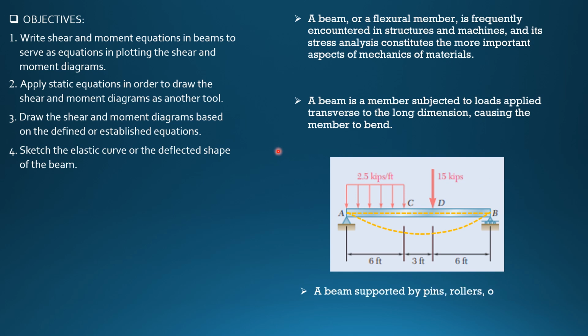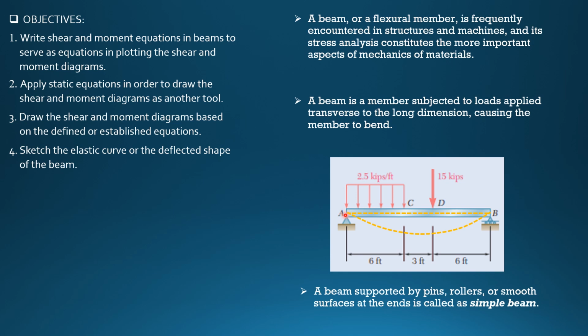So a beam supported by pins, rollers, or smooth surfaces at the ends is called a simple beam. This is one example of a simple beam. It is supported by a pin on one end and a smooth surface, or roller, on the other end. There are two component reactions at A, then one at B. So there are three component reactions, although the horizontal reaction at A is 0 for beams.